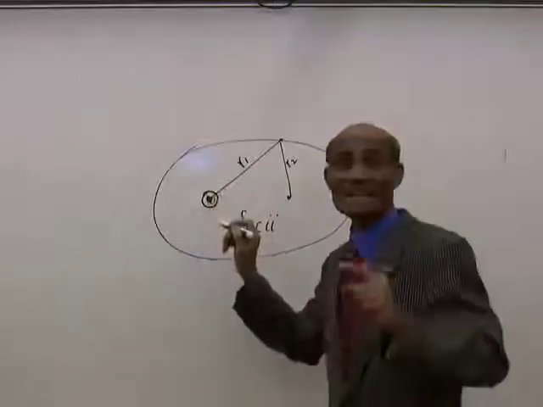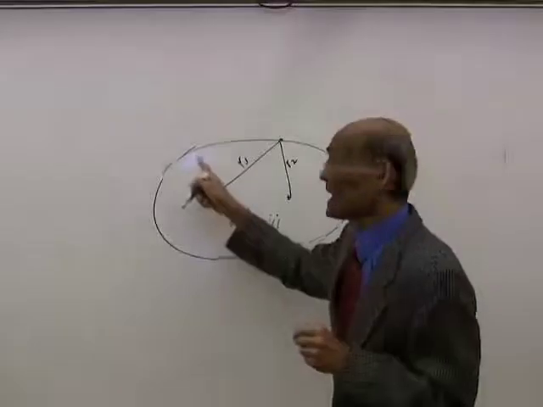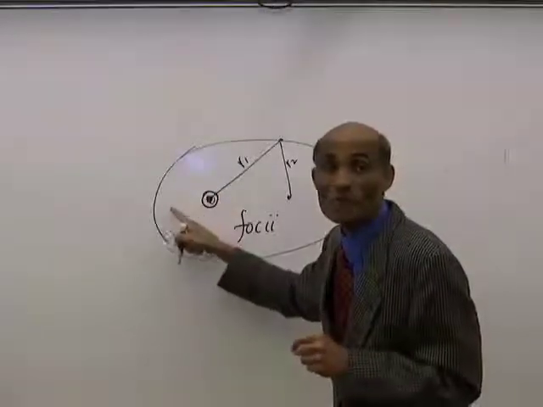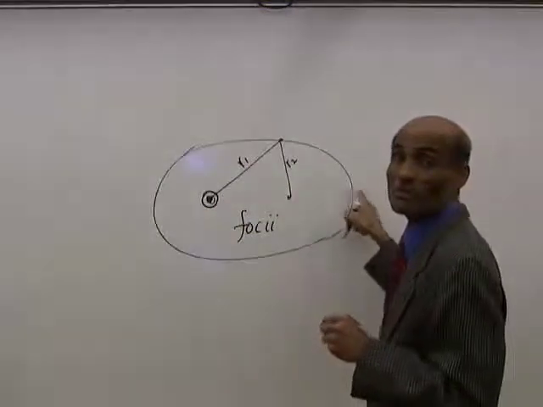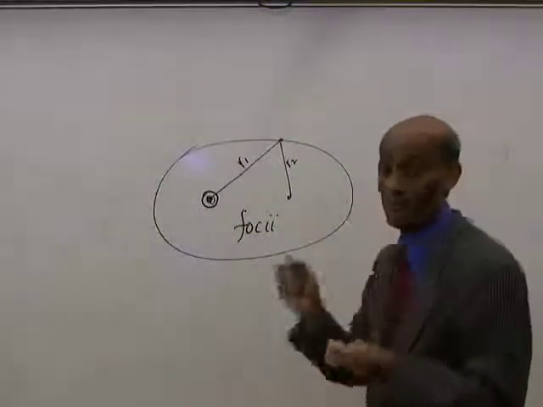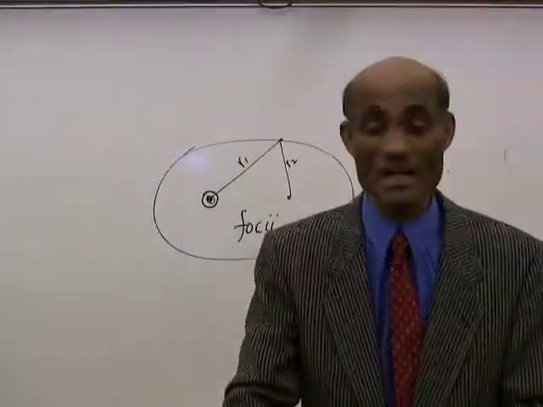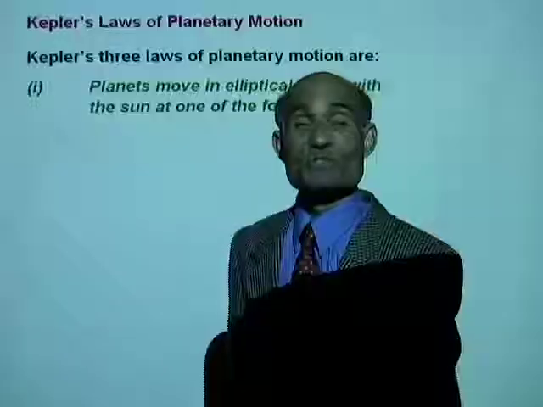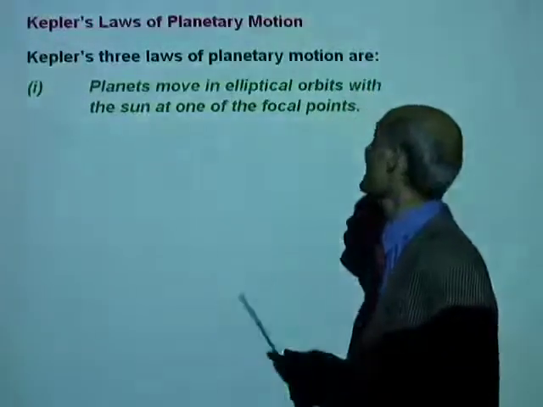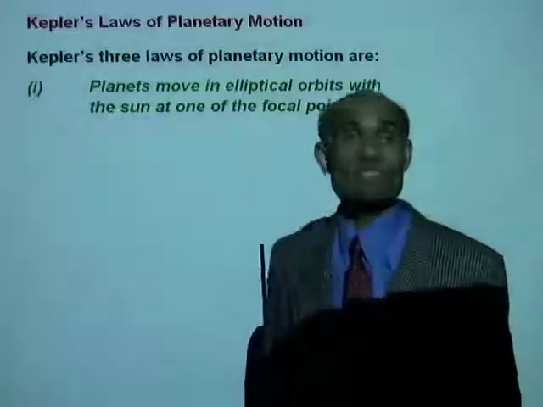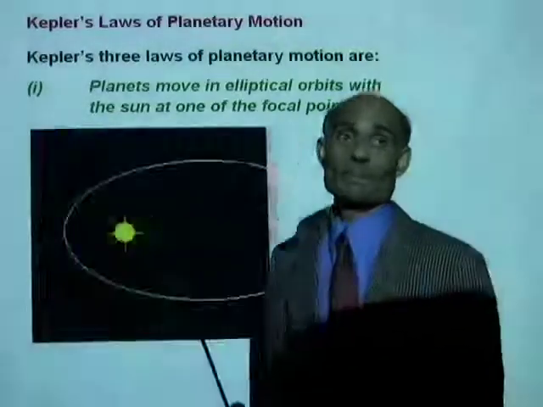So the sun is sitting at one focus. What that means is, at some times the planet will be closer to the sun, some other times it will be farther away. Well, that is the distinction between an ellipse and a circle. So Kepler's first law: planets move in elliptical orbits with the sun at one of the focal points.